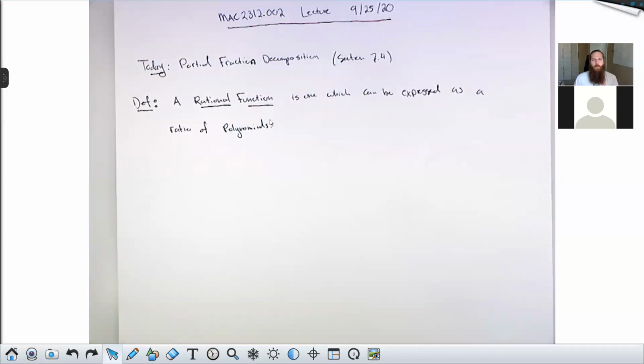The space of all polynomial functions in function land is kind of like the space of all integers in real number land. You can think of polynomials as the function versions of whole numbers. And so a rational function is like the function version of a rational number, i.e. a number that can be written as a ratio of integers.